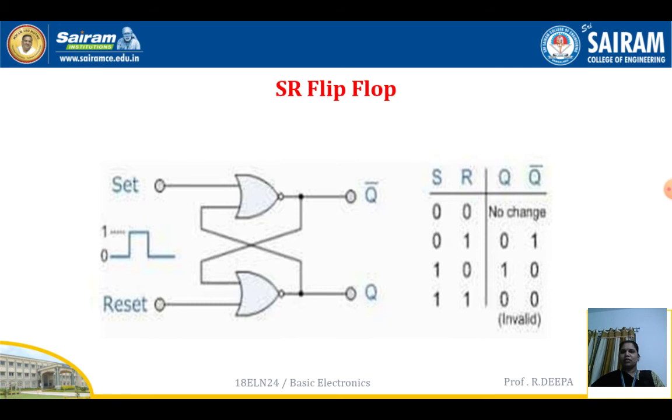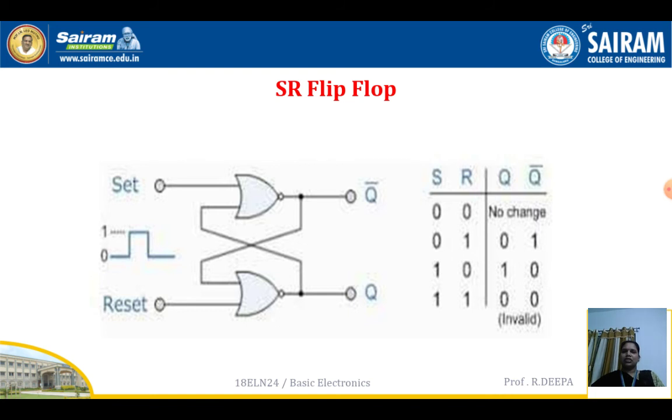The SR flip-flop consists of two inputs S and R, named set and reset, and the outputs are Q and Q bar. So this is the logical diagram of an SR flip-flop. Whenever set is equal to 0 and reset is equal to 0, there is no change in the output.